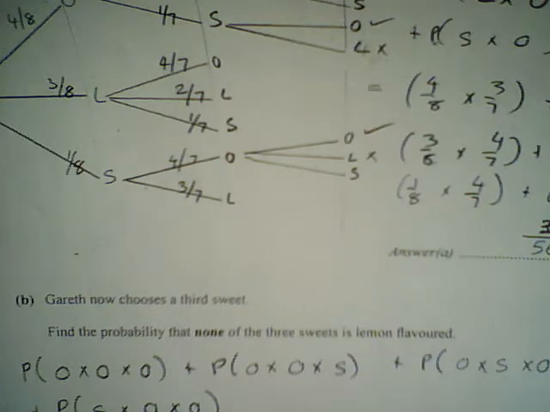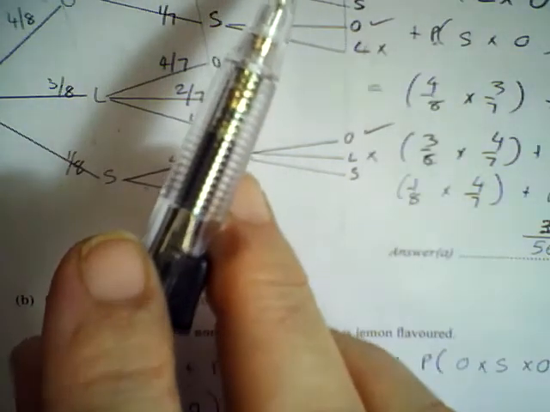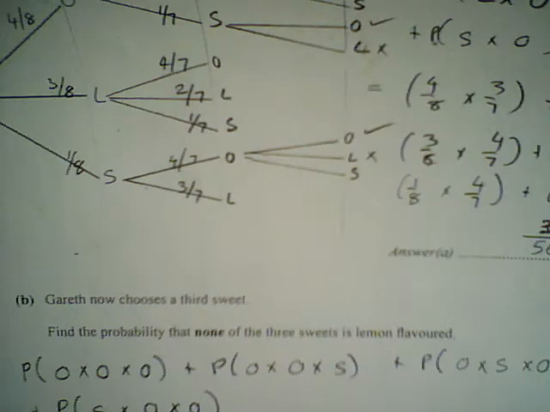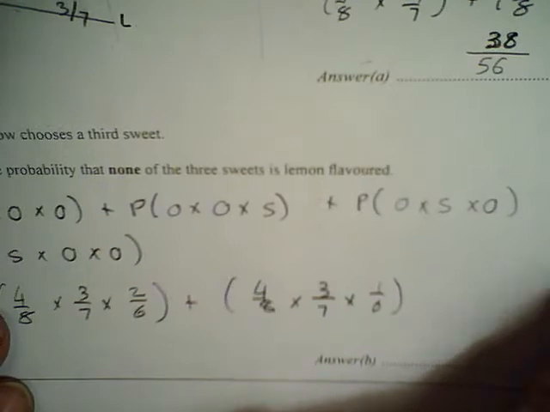So 4/8 times 3/7. That orange over there on the top would give me 2 out of a possible 6. Orange 4/8 times 3/7, and then the strawberry only 1 possible out of 6. Let me move my page up so that you can see what I'm doing.